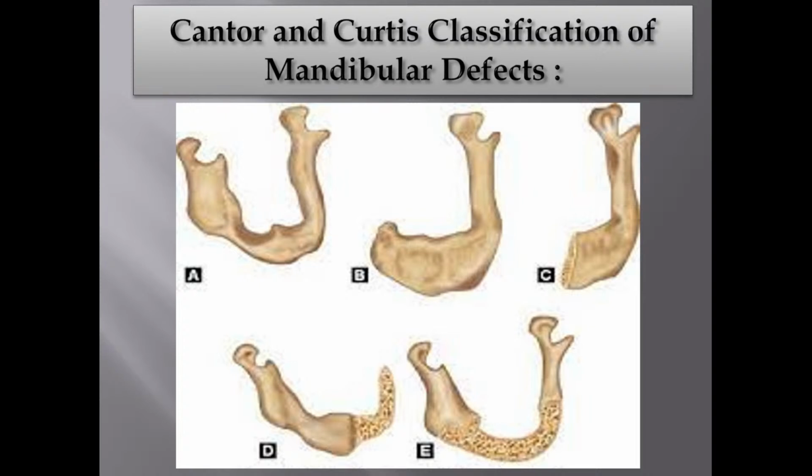Now the Cantor and Curtis classification of mandibular defects. Here we'll talk about mandibular defects, or defects of the lower jaw. In 1971, Cantor and Curtis gave a classification for mandibular defects. The classification is as follows, and you can see several types of mandibulectomy.